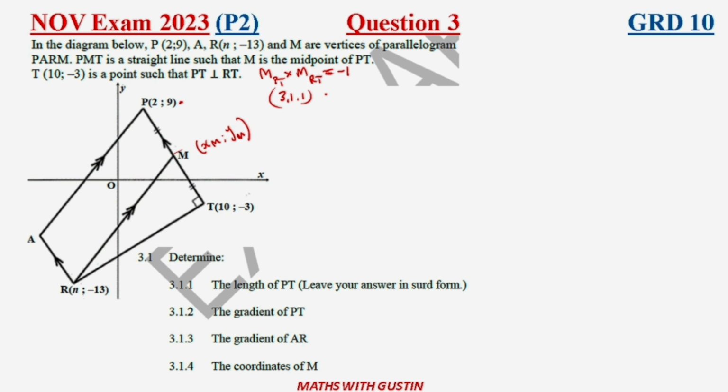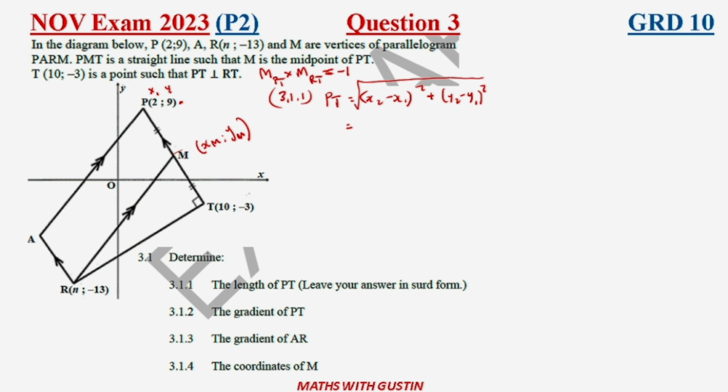So we're going to use the distance formula. PT is equal to the square root of (x2 minus x1) squared plus (y2 minus y1) all squared. PT is these two points here.